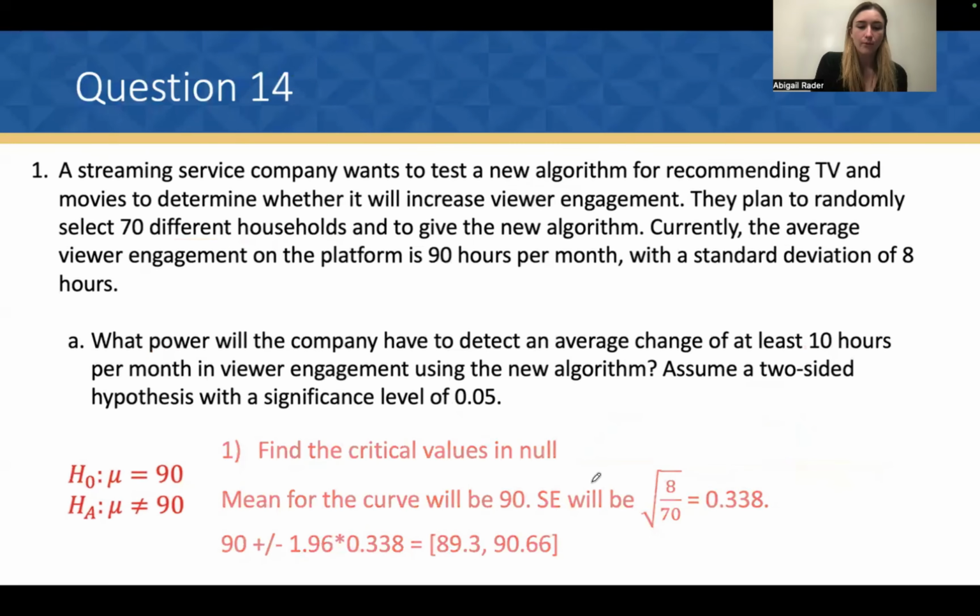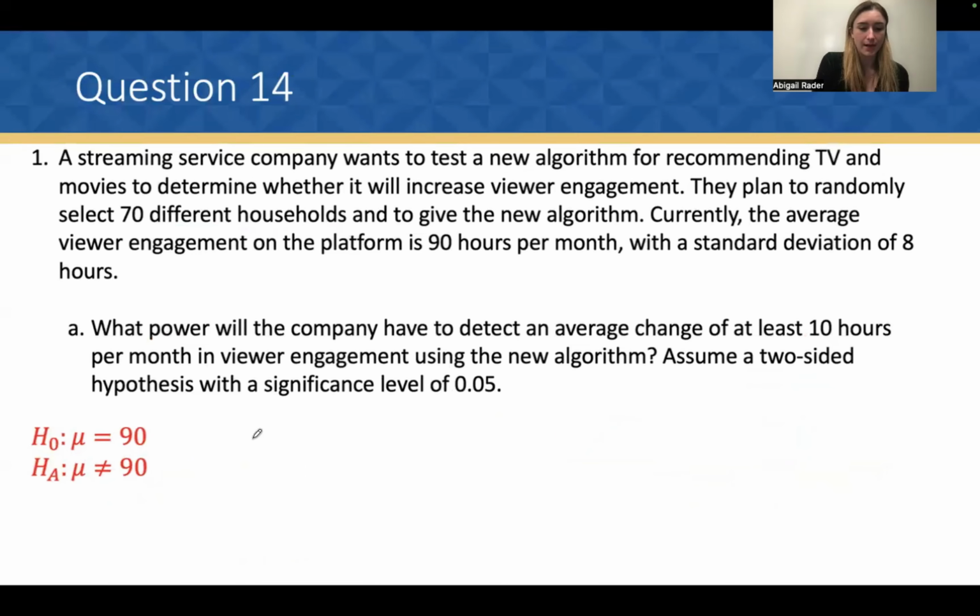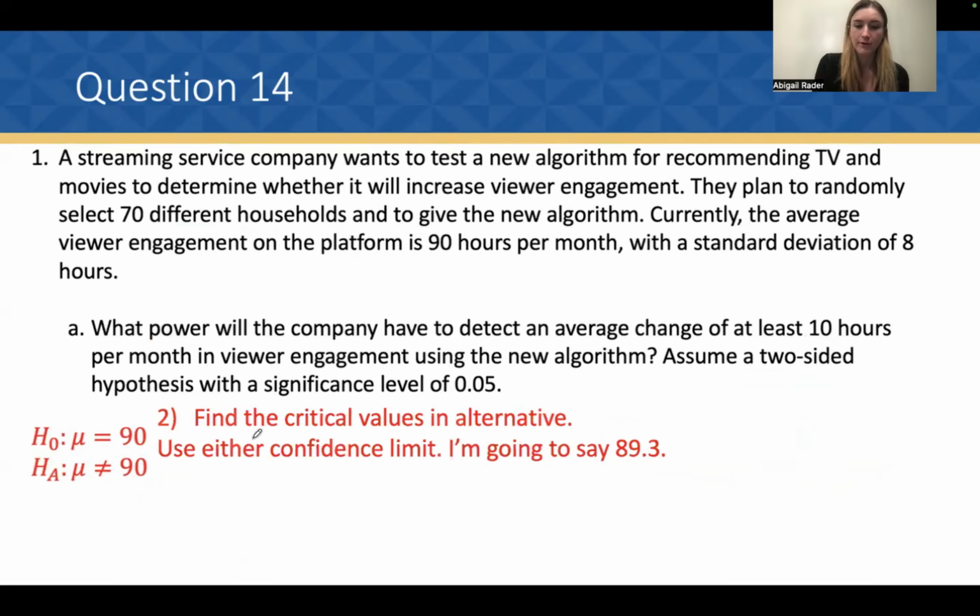So when we think about setting up this alternative distribution and finding the critical value, we use one of those values. I'm going on the lower side, like the example I just showed. And we calculate a z based on that critical value. So it's 9.73, which is pretty massive.